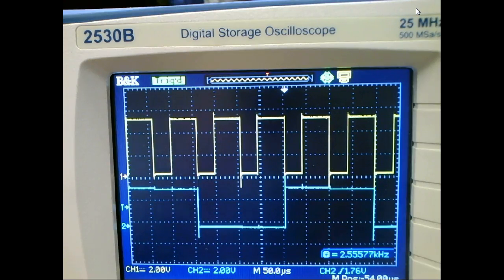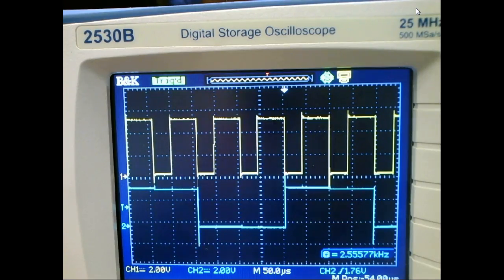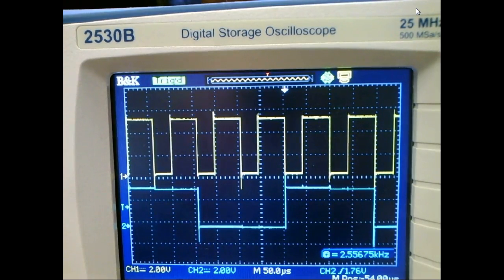And on the next one, we're going to slow our scope down. So notice, I don't know if y'all can see the actual frequency. It's 2.5 kilohertz. Of course, we don't have exactly 10. Well, let me try to get it as close to 10 as I can.